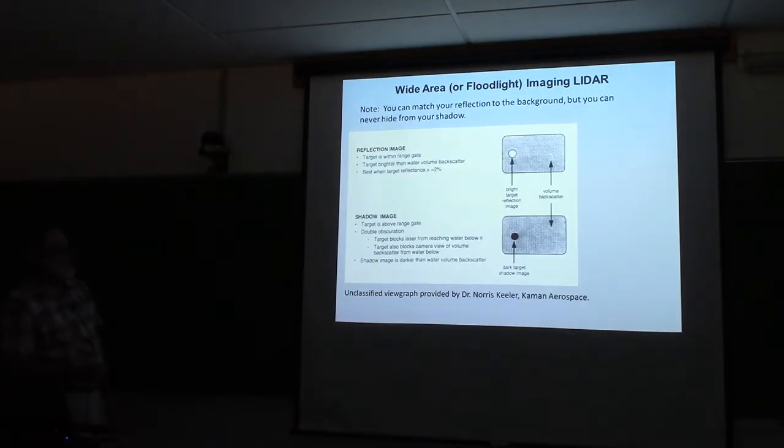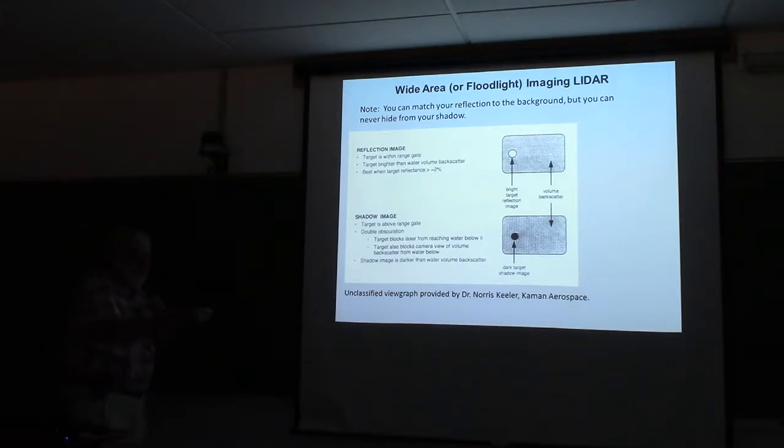Okay, when you've got one of these floodlight systems, if you're looking at something in the water that's brighter than the background, you get a bright spot. If your range gating is looking above the target, you don't see anything. Then you hit the target, it looks bright.